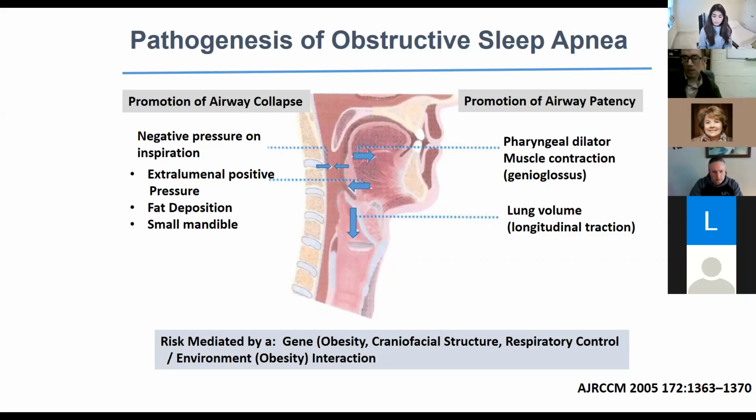There's also a genetic component to the risk factors that cause sleep apnea, such as obesity, craniofacial structure, and respiratory control, and obviously the environment can play a role as well.